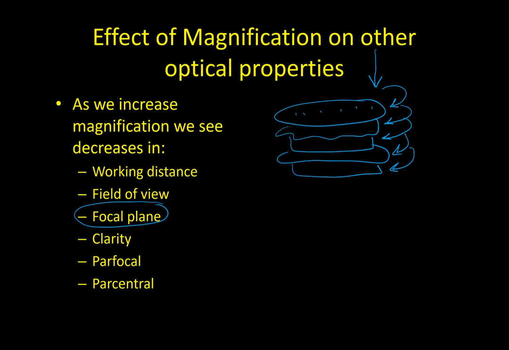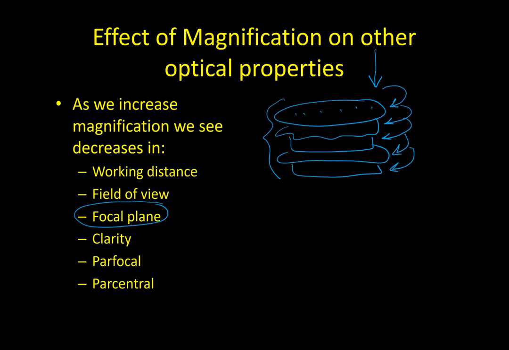This is one of the reasons why, as stated earlier, you have to have really thin slices of specimen to look at. You can't have layers and layers of cells, or one, the light won't go through it, but two, you'll have a really hard time finding a plane to focus on.